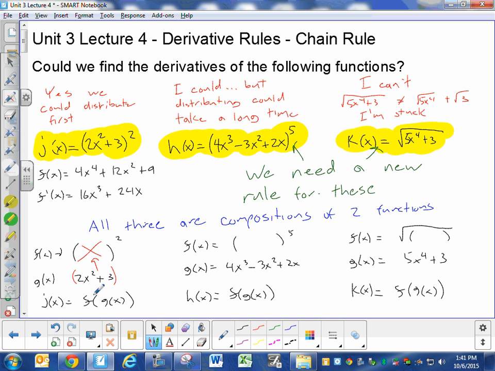Okay? Mr. Russell, how come with the square root you can't do 1/2, like on the 5x to the 4th? I could, but it's still not correct. If I took the square root of two numbers that are being added together, let's take, I don't know, like 5, and let's get a perfect square here, 4. So the square root of 5 plus 4.